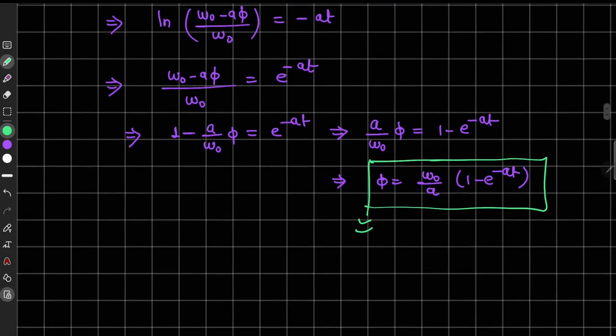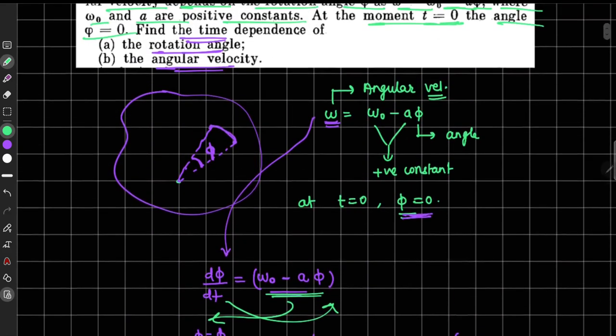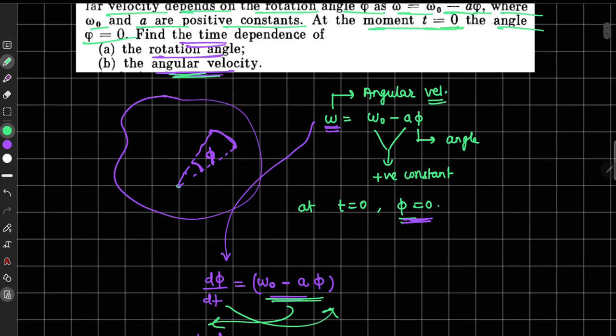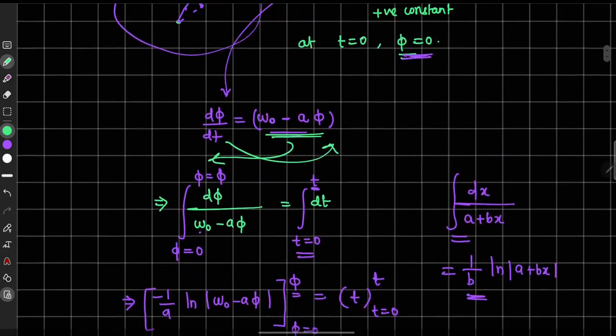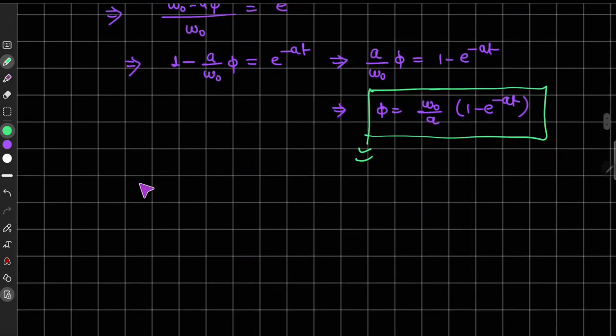Now if we talk about the angular velocity as a function of time, we have the angular velocity as a function of angle. So we can write omega is equal to omega naught minus a times phi. Let us substitute the value of phi, as we have already obtained phi as a function of time.